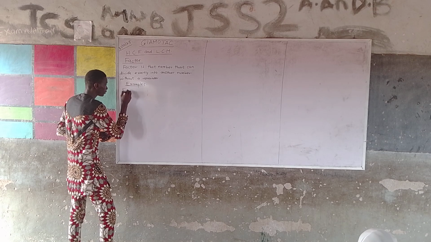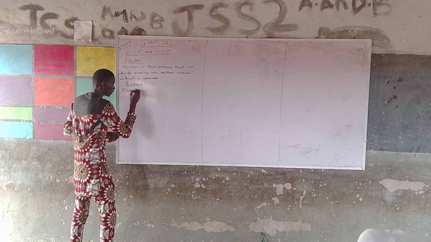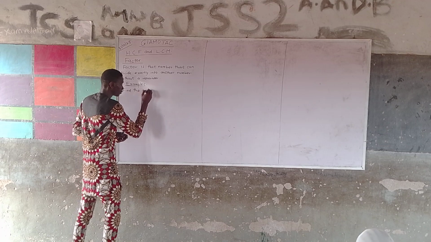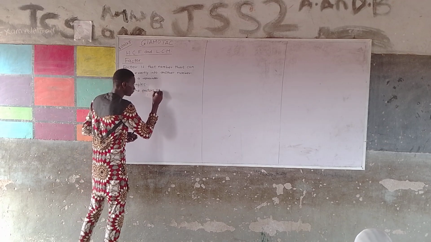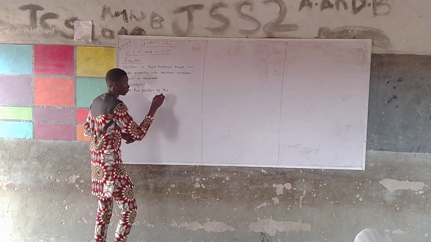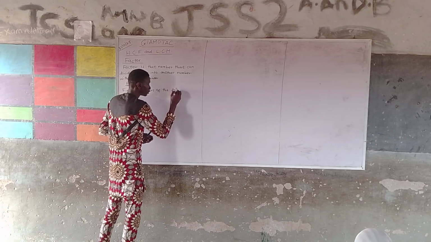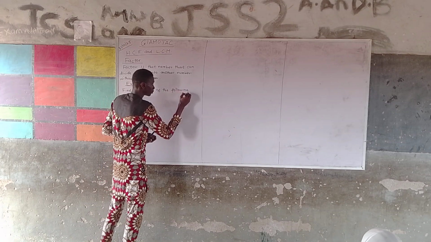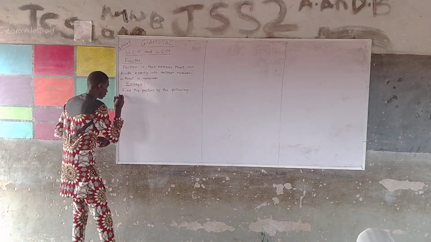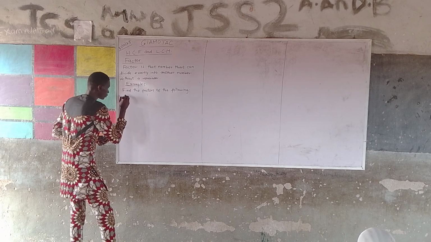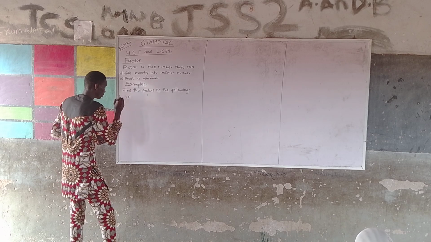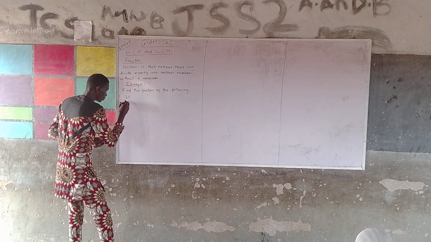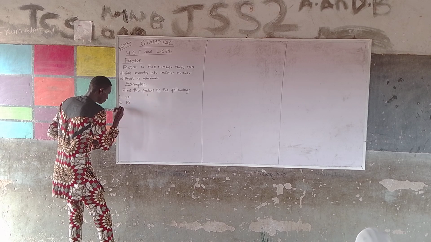Find the factors of the following. Number 1, 20. Number 2, 10.